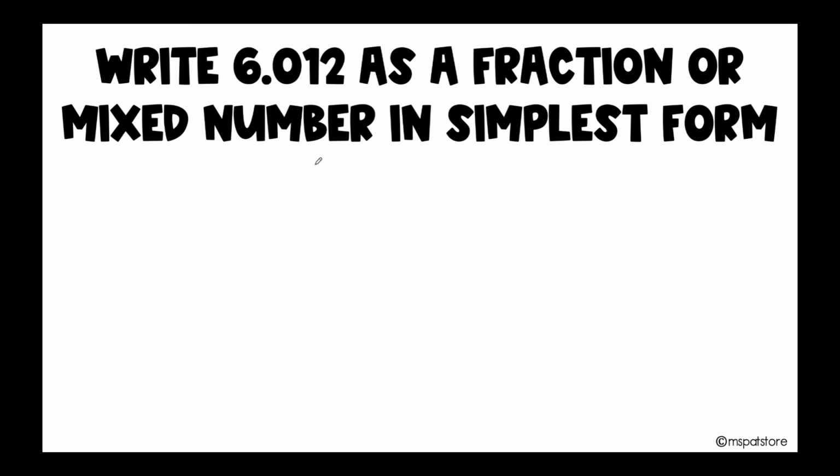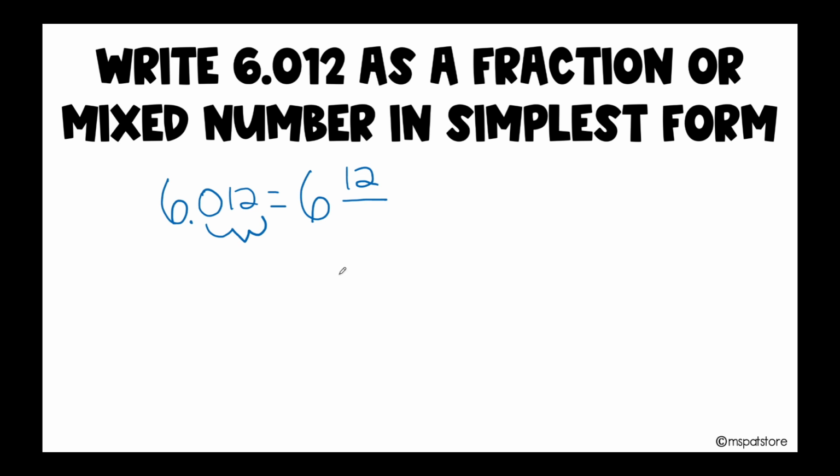Please pause the video and try to write 6 and 12 thousandths as a fraction or a mixed number in simplest form. Very good. In this case, we have a whole number here, so it's 6.012. There you go. So 6 is my whole number, okay? For 12, I'm not going to put 012, just 12 as the numerator.